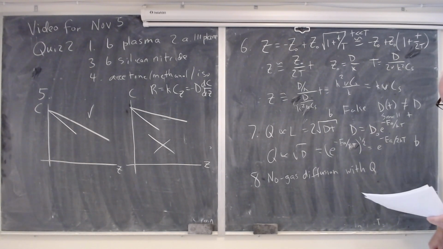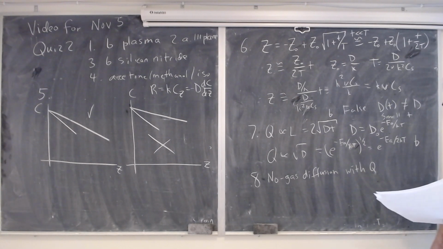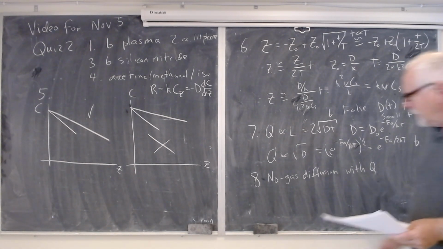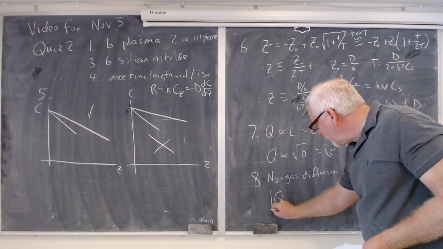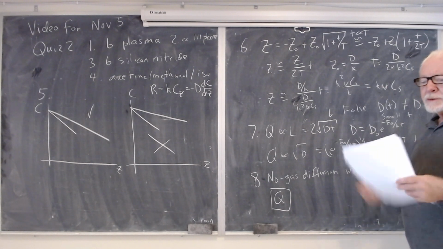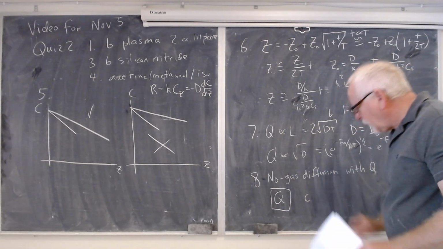At time t1, the integral is Q, and then at this next time, what is it? And of course the answer is Q. I mean, it doesn't change. Once you turn the gas off, Q is the same. It's independent of time, and so the answer was C.